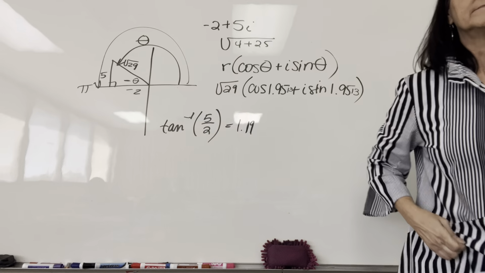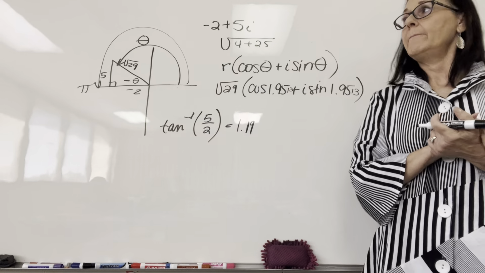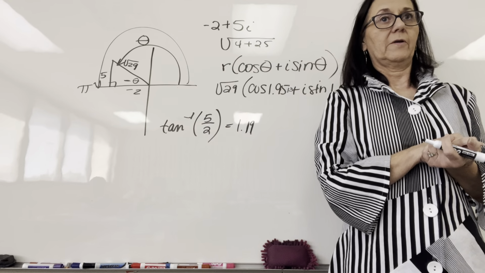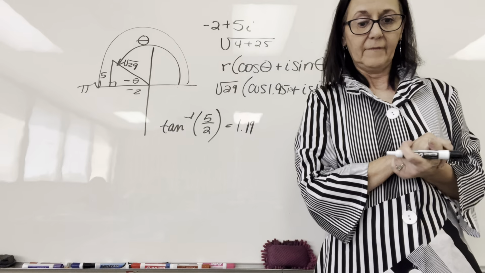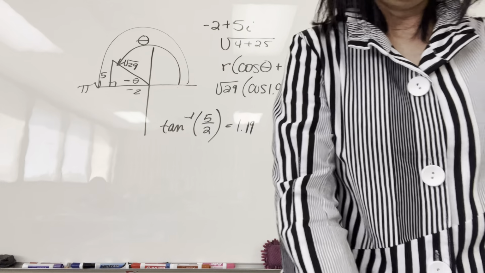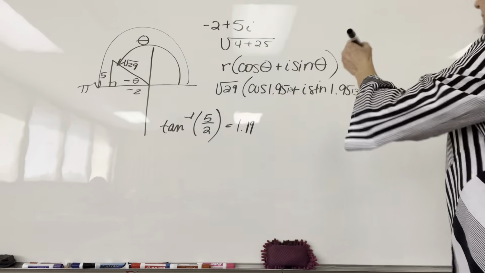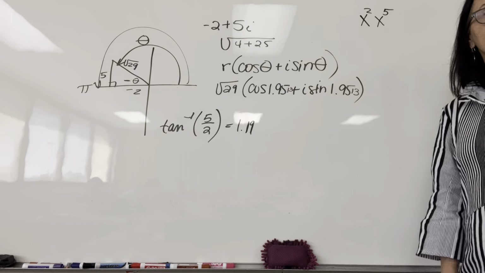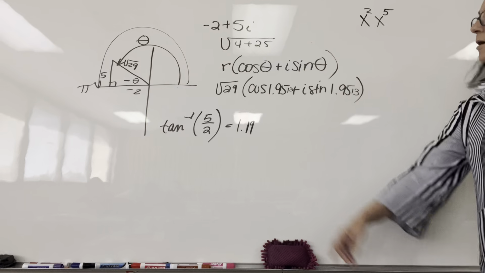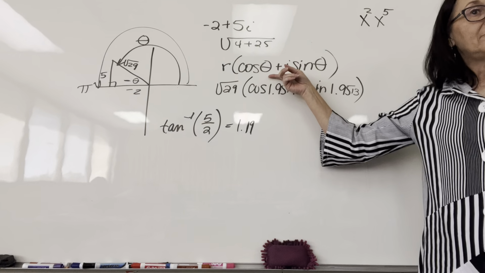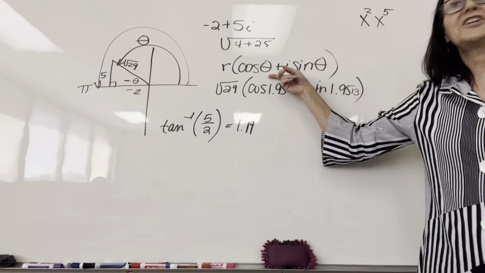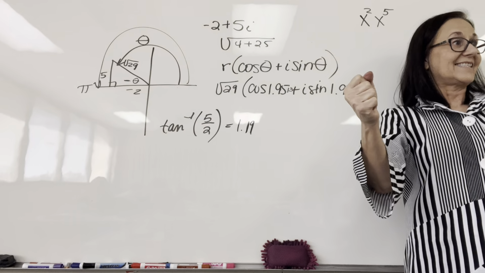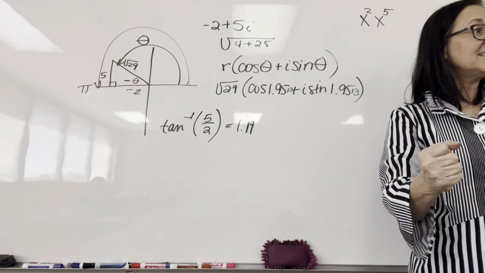Okay, now the next part of what I'm going to teach follows the rules of exponents. We're not going to do a proof. But if I have x squared times x fifth, multiplication is addition. Guess what? Multiplication of polar forms is addition of theta. Multiplication is addition.